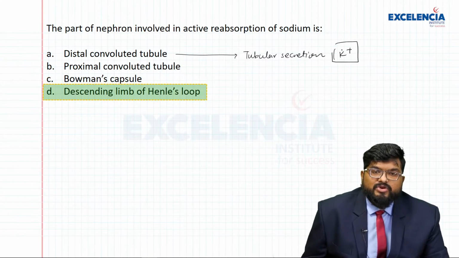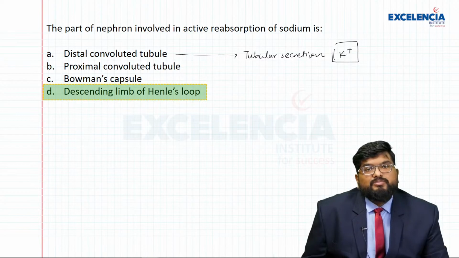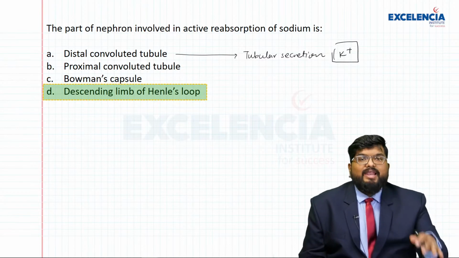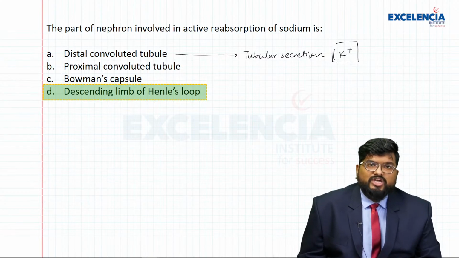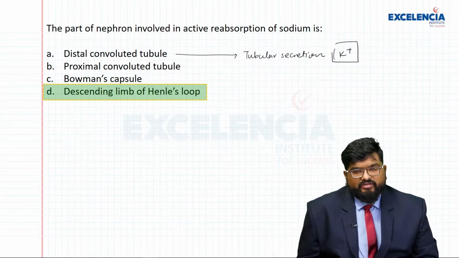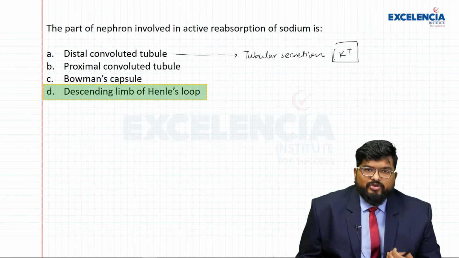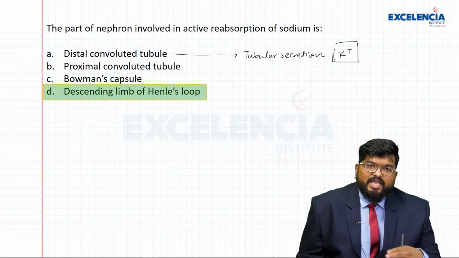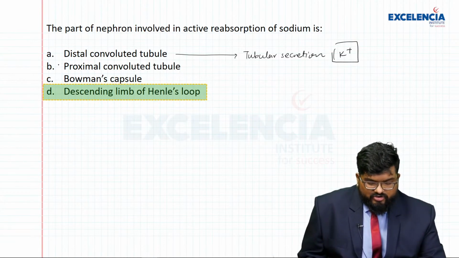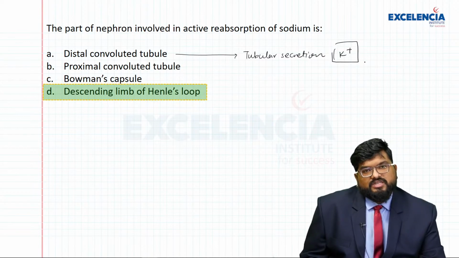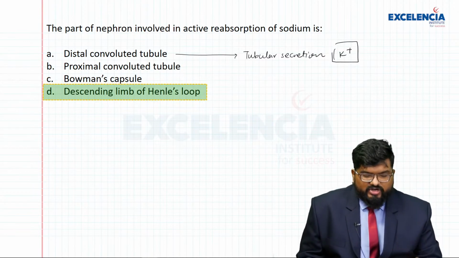Why does it secrete potassium ions? To balance out the positive charges in the glomerular filtrate, because a lot of sodium has been reabsorbed. So to maintain the osmolarity of the filtrate, the distal convoluted tubule secretes potassium into the filtrate as it passes through.